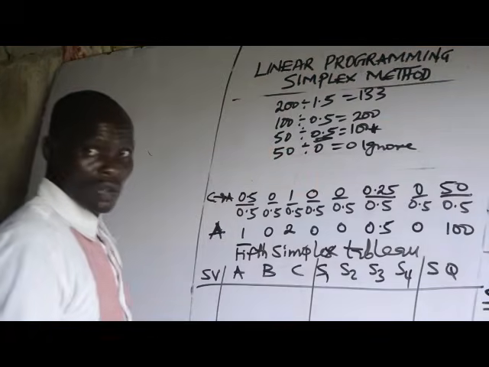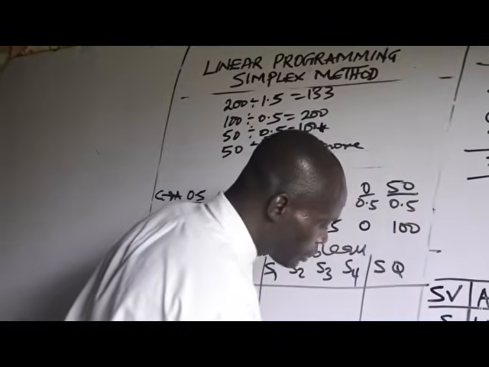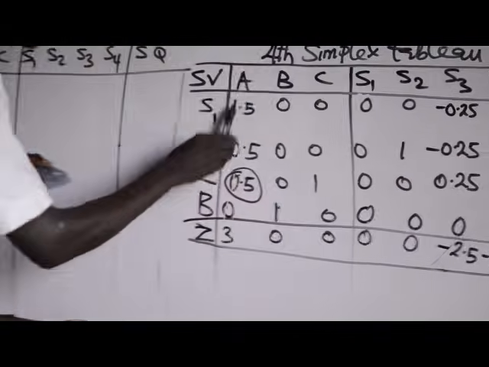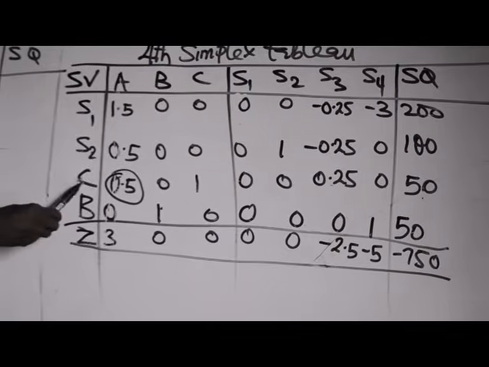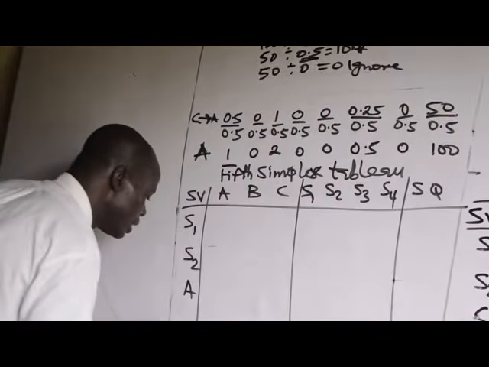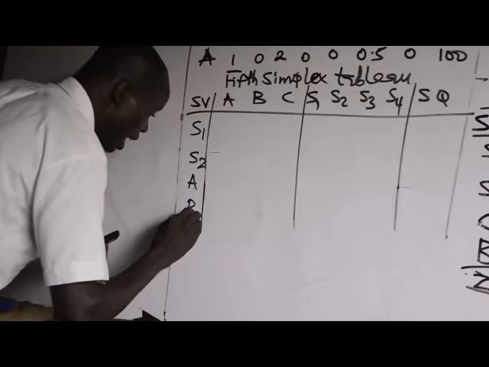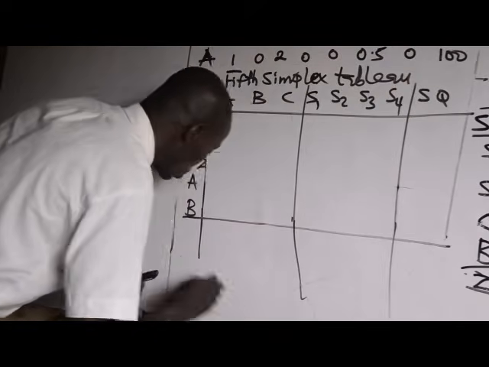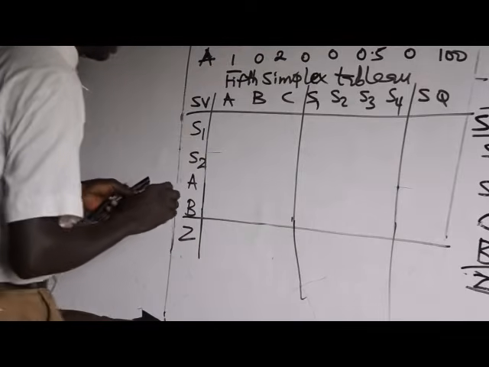I've told you that A will be replacing C. So we have S1, S2, A, B, and the Z row, which is our objective function row.